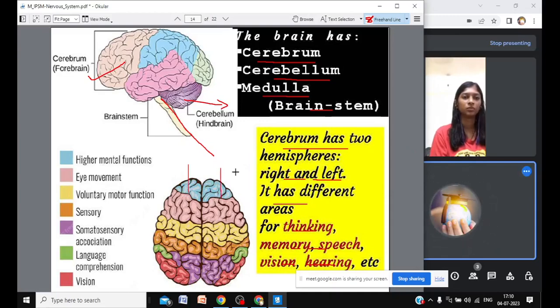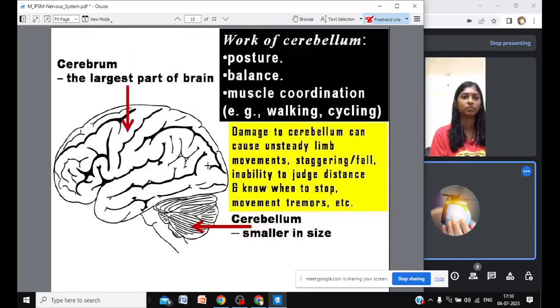In this image you can see the right and left hemispheres. The cerebrum is the largest part of the brain and the cerebellum is very small compared to it.